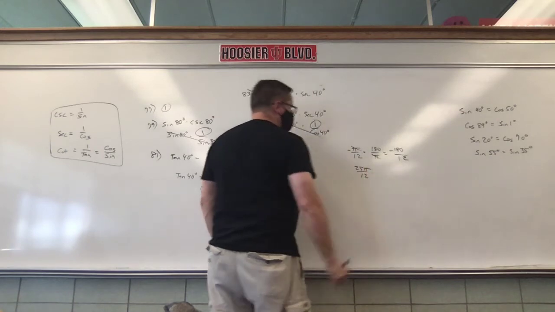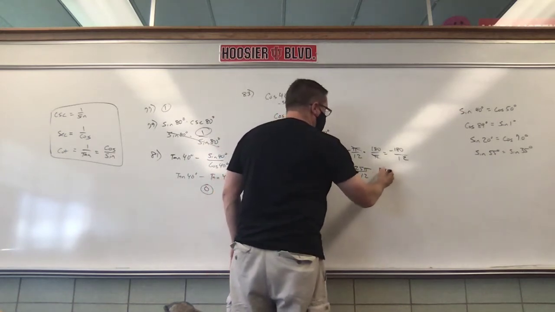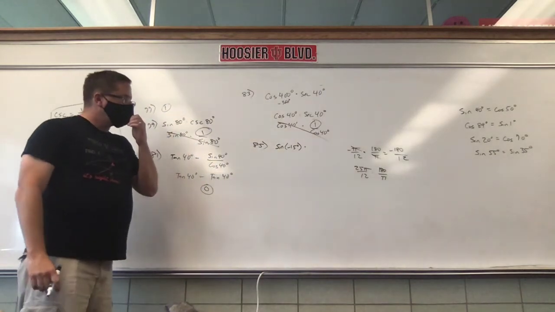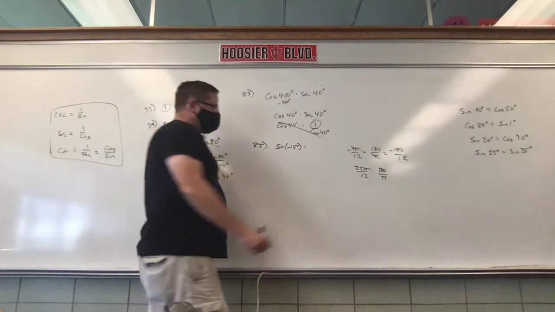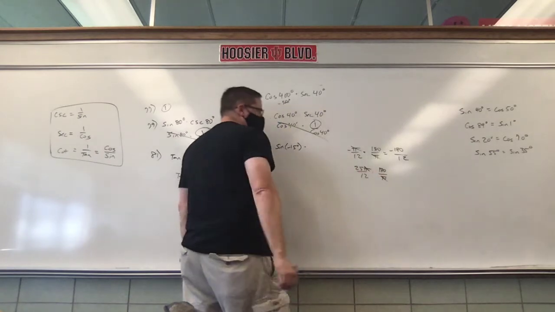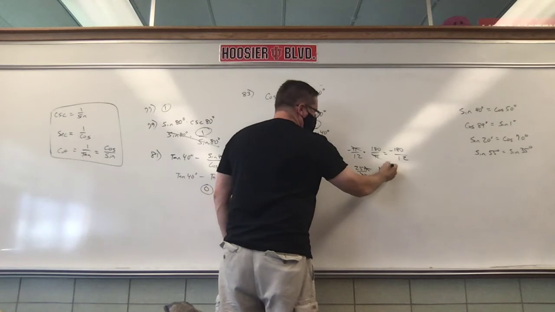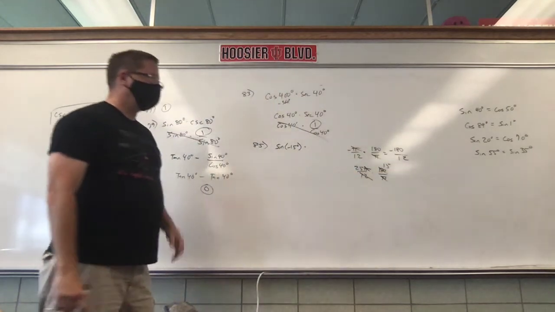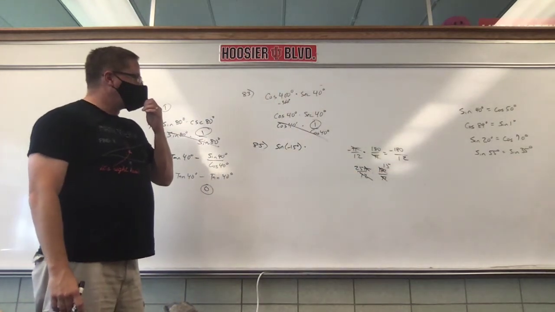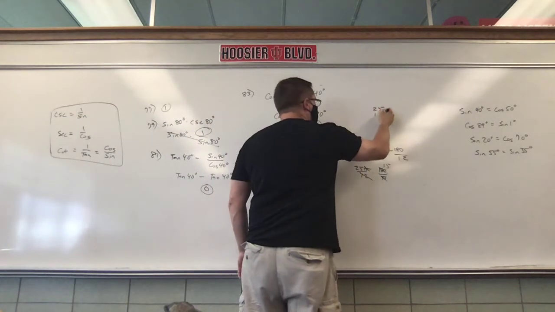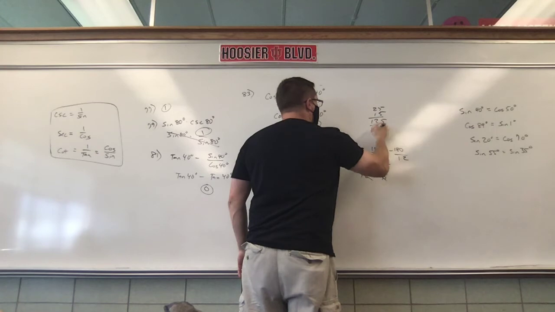Let's make that into degrees. Times 180 over pi. What cancels? Pi's. A really nice one to know in this class is 12 goes into 180 15 times. You don't have to memorize that, but it's nice to know. Then we take 25 times 15, which is 375.